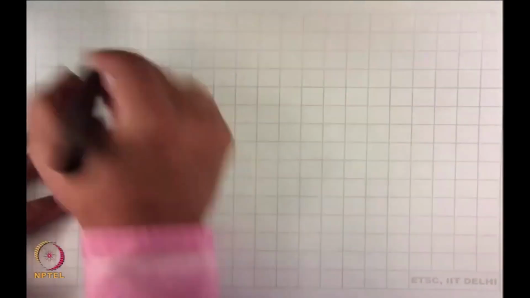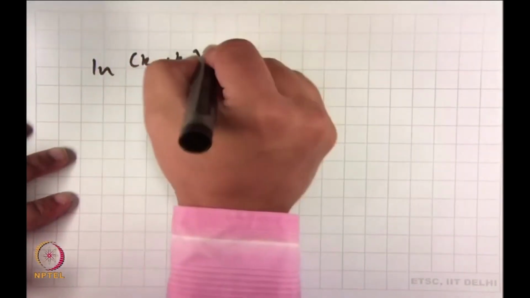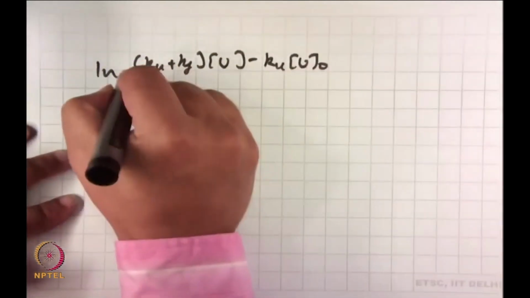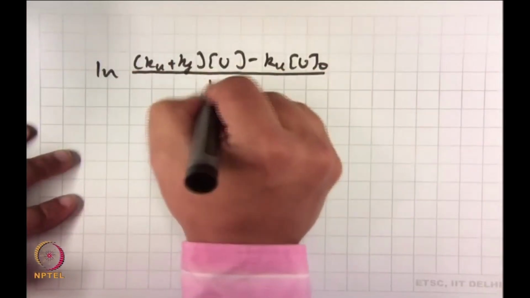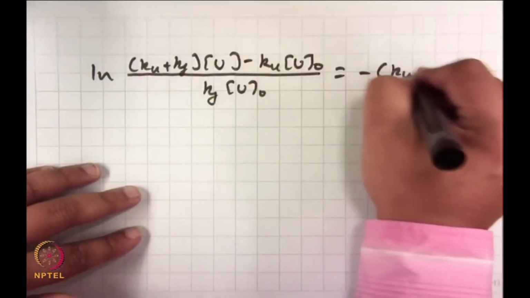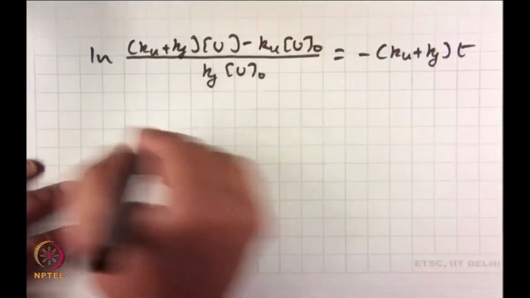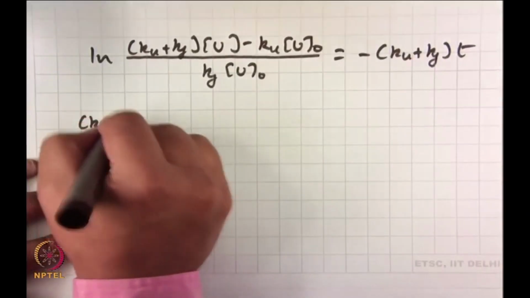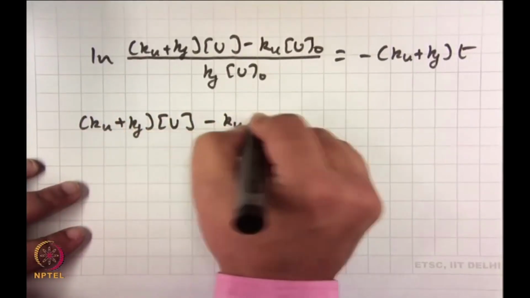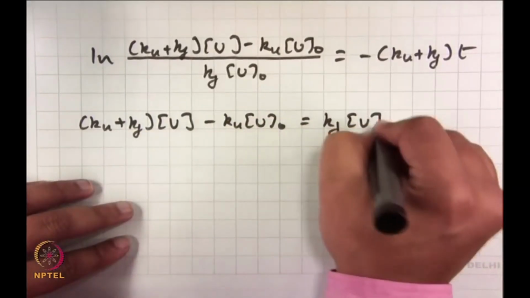So, if I do that, so what I will have quickly is natural log of k u plus k f times u minus k u concentration of u naught over k f u naught is equal to minus k u plus k f times t, or finally I can write this as k u plus k f times concentration of u minus k u concentration of u naught is equal to k f u naught.